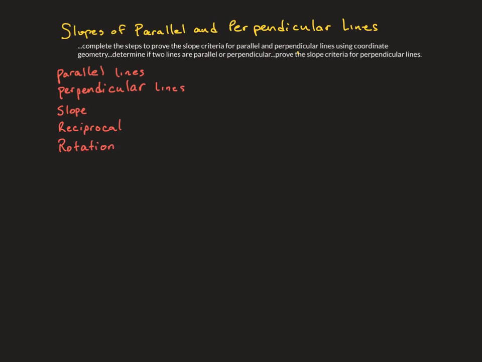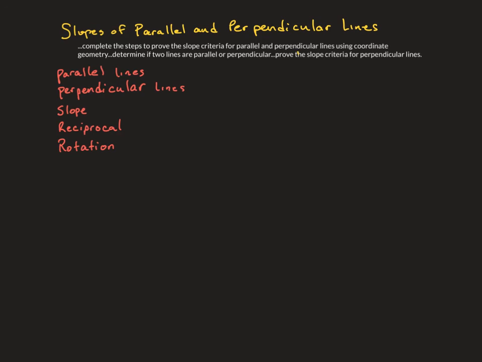So hopefully this was able to talk about some of the steps to prove the slope criteria for parallel and perpendicular lines using coordinate geometry, and determine if two lines are parallel or perpendicular. And again, remembering that parallel lines have the same slope.